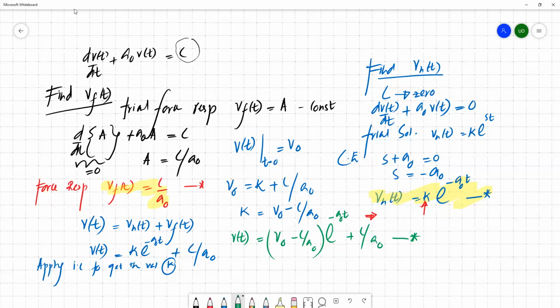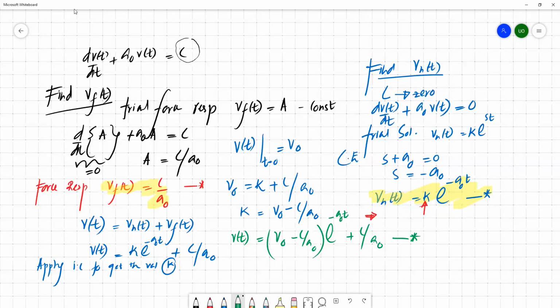Then you can find the natural response by letting the right hand side, or the force term, go to zero. So then your differential equation has a zero quantity in the right hand side. Then again your trial response for this kind of equation is K e to the power st. You can find the exponent by converting this differential equation to the characteristic equation.